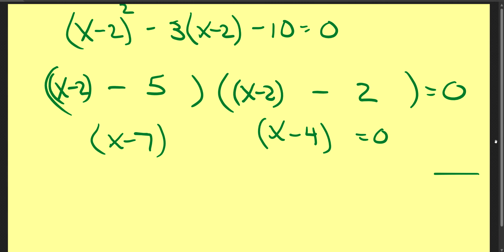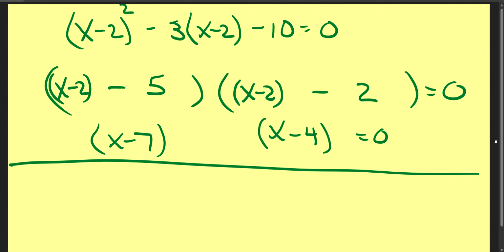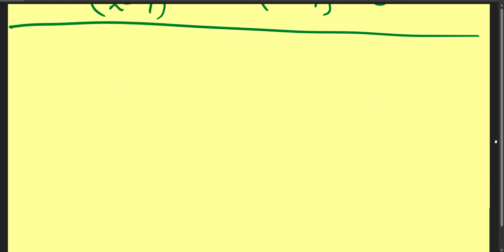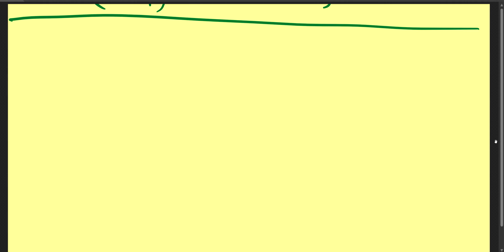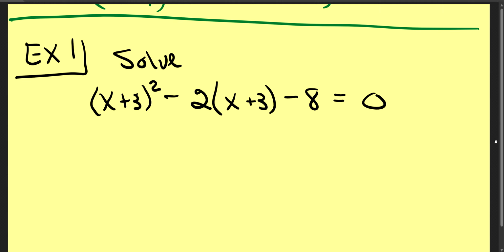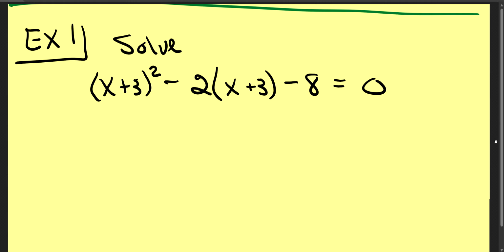So finish that up. Now let's do some problems, and in these examples, let's try it out. Here's our first example, and you can see I've got a quadratic equation, but I have these binomials in place of the single variable of probably x, that we use all the time.